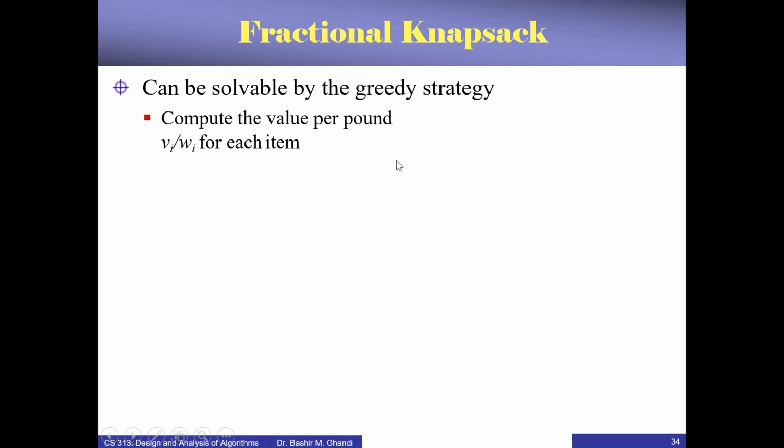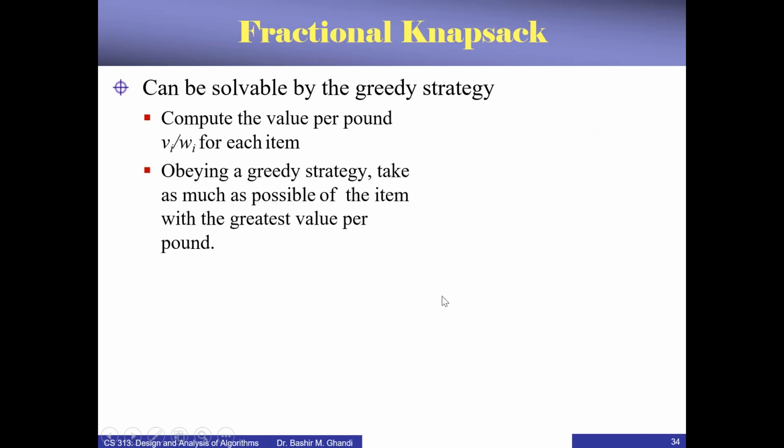So the greedy choice says take that one first before you consider others. Take as much as you can of that, because here fractions are allowed. Obeying a greedy strategy, take as much as possible of the item with the greatest value per pound.